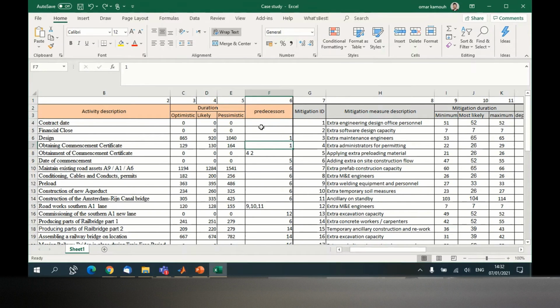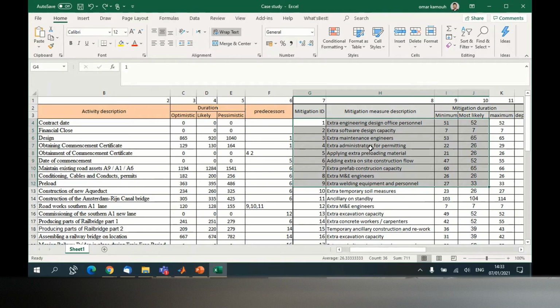You don't have to remove everything in order to do this comparison, because even when you have the mitigation measures, the software is going to give you 3 cases. One case is without, one case is with, and the third case, which we are going to see. But you don't have to remove this. Anyway, the software is going to give you one curve in which it did not include any mitigation measures.